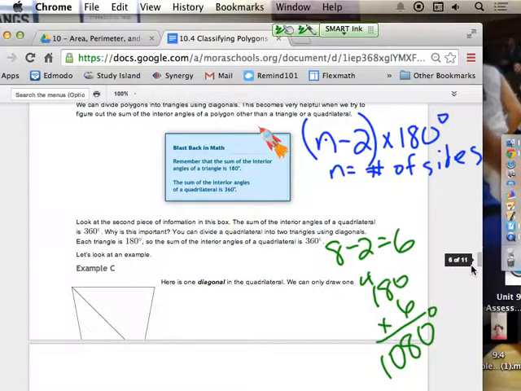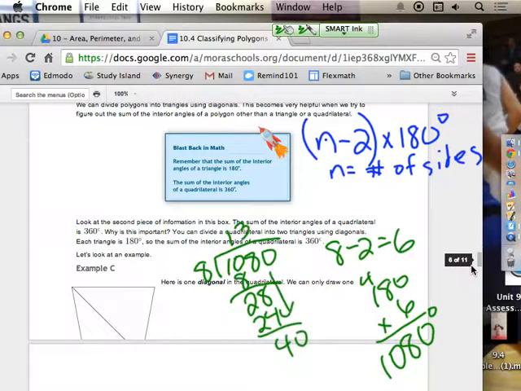Now I could take that 1,080 if I want to know what each angle was, and I could divide that by 8. That gives 135 degrees in each angle. All right? That's what we'll be working on in class. Have a good night.